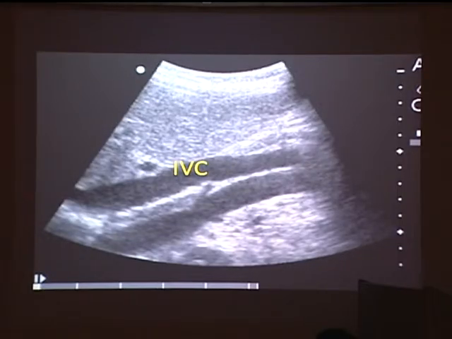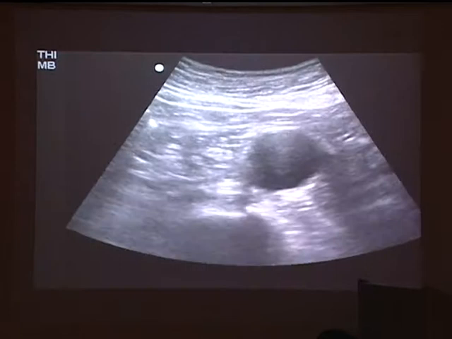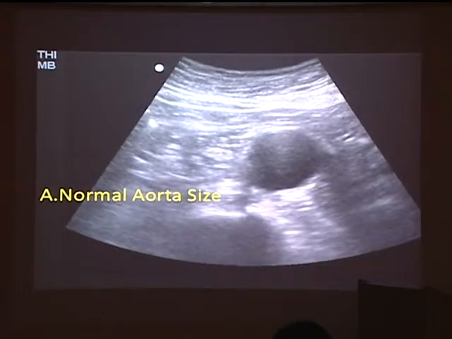That is how you see the aorta from the right side, and you can also see it from the left side. So the next question is, how do you see this image? It's quite different from the previous one, right?